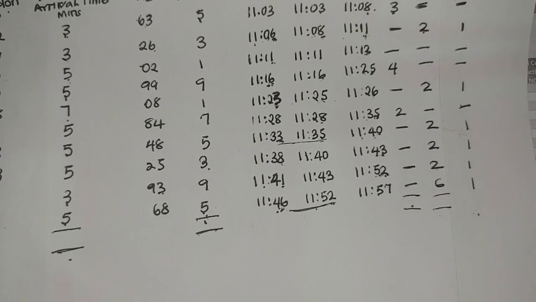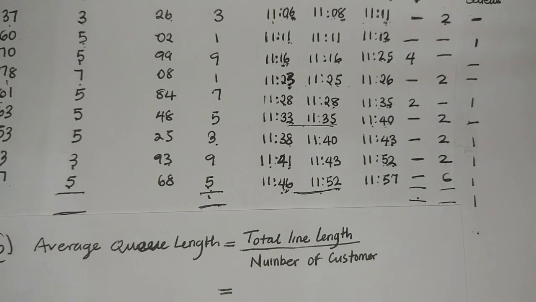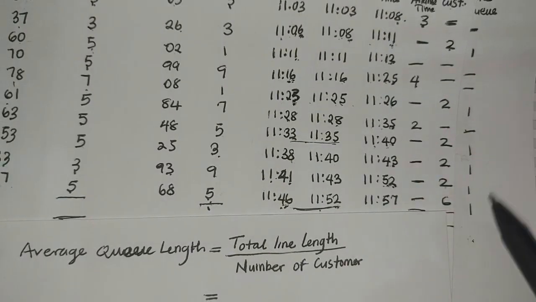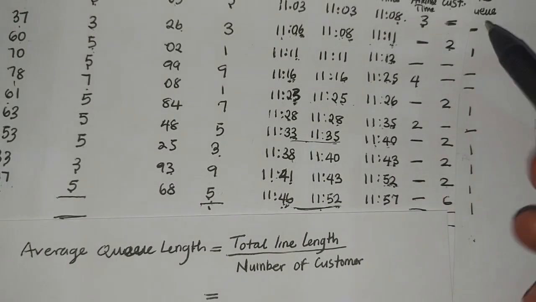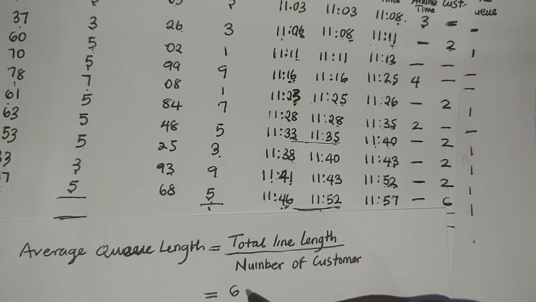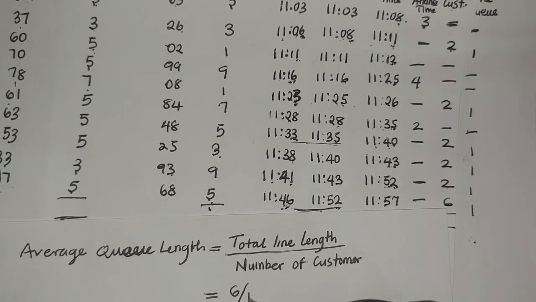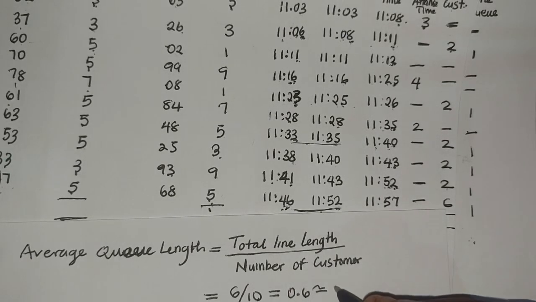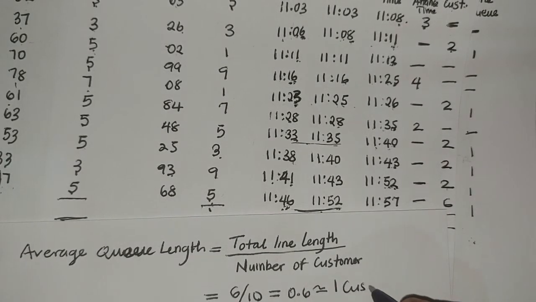So the average queue length is, you add, and this is 1, 2, 3, 4, 5, 6. That's the queue length, 6, divided by the number of customers, which is 10, and that is 0.6, which is approximately 1 customer. That's the average queue length, 1 customer.